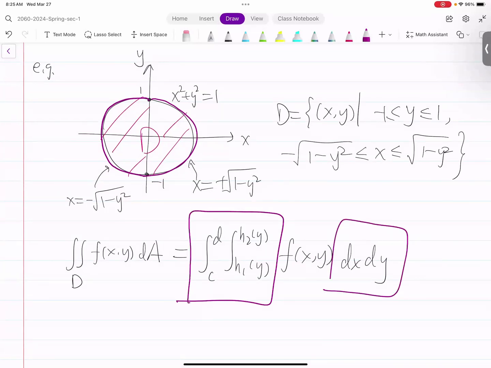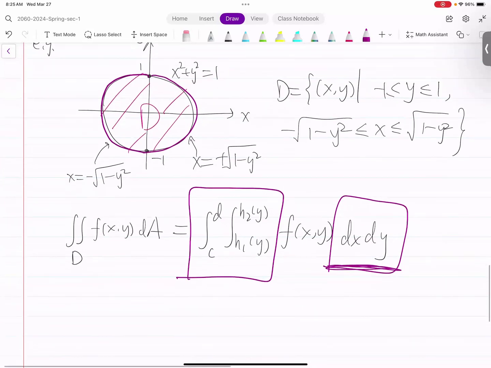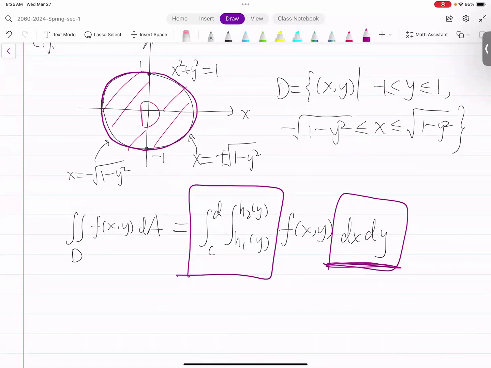Of course, the first one is the bounds, okay? And the second one is that the order of the integral is a little different. Okay, so it was dy dx, where x is free. Okay, so here we have dx dy, where y is free. Alright.